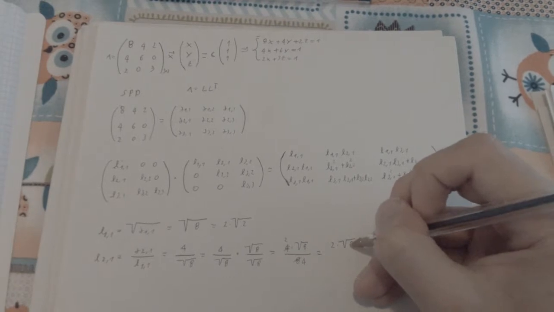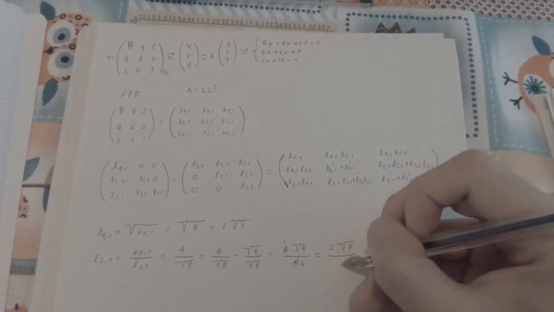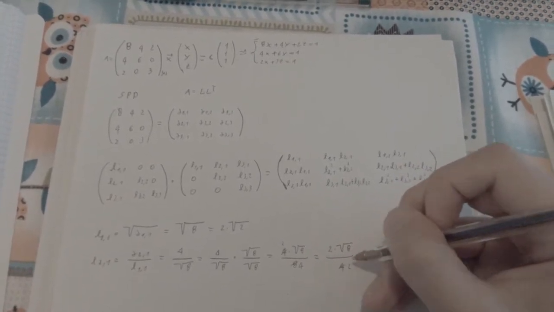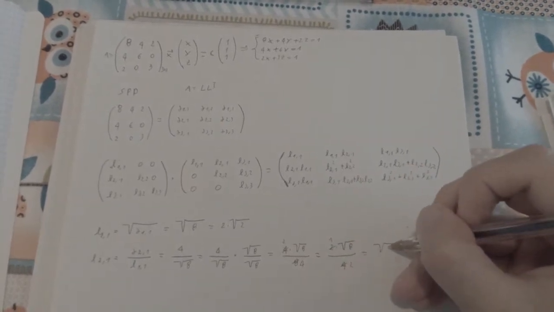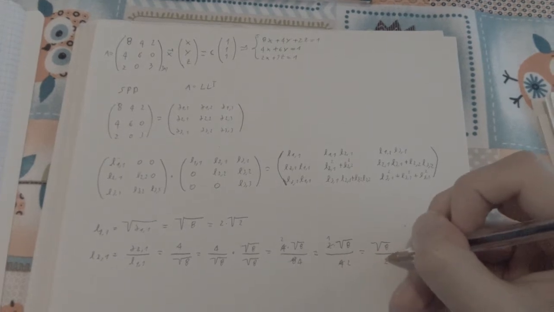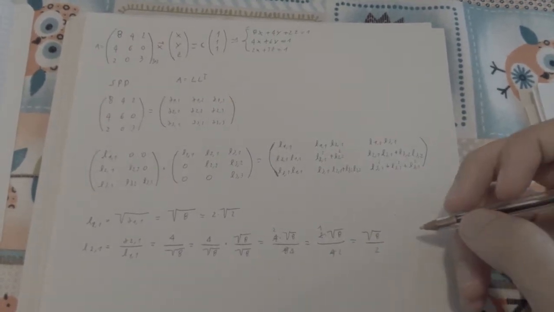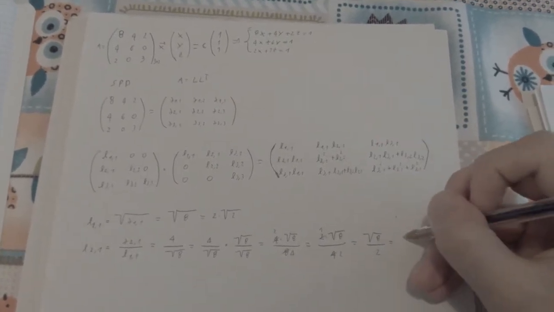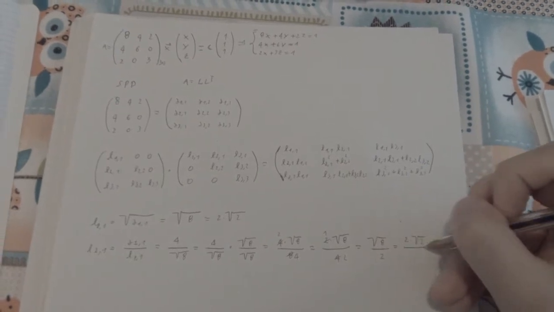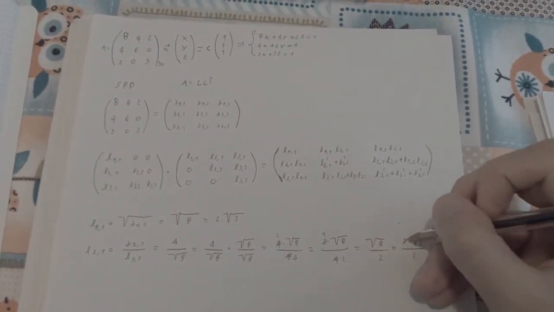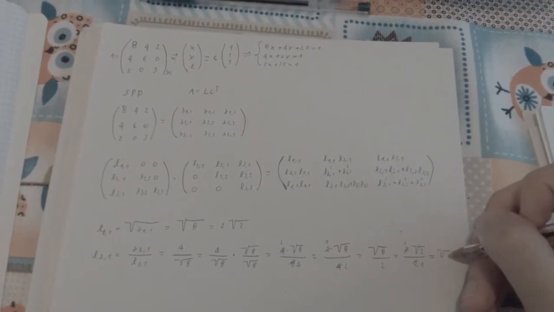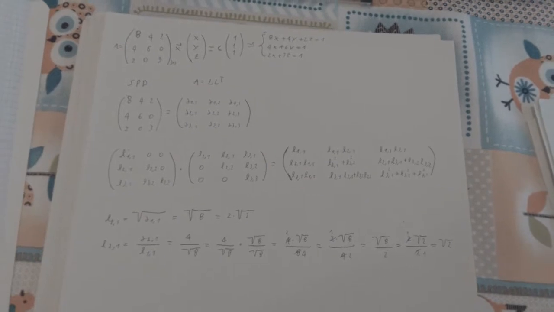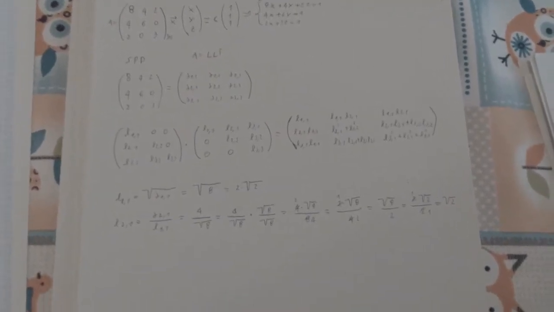It's gonna give me 2 times the square root of 8 over 4. This is gonna give me 1 times the square root of 8 over 2, which is 2 times the square root of 2 over 2. So those two simplify, and we get the square root of 2. Okay, so let's go on.